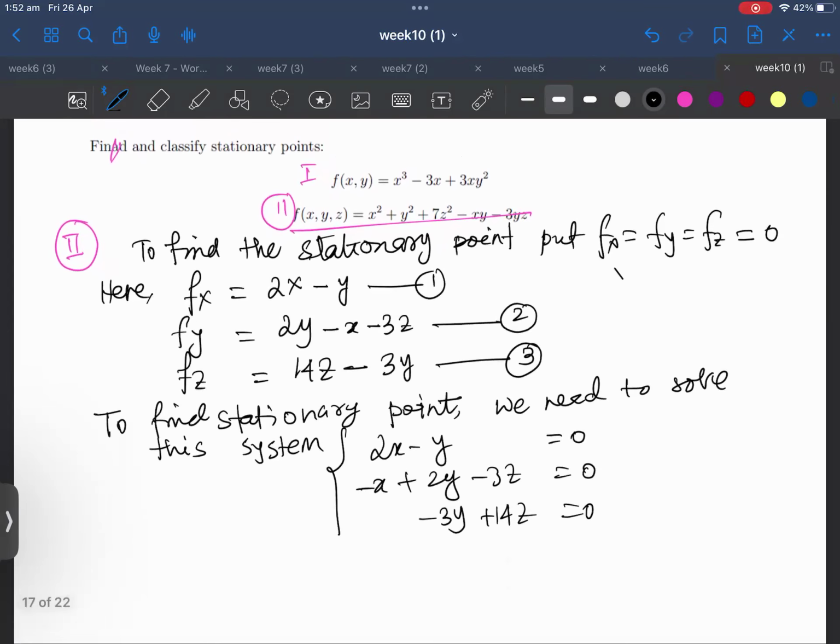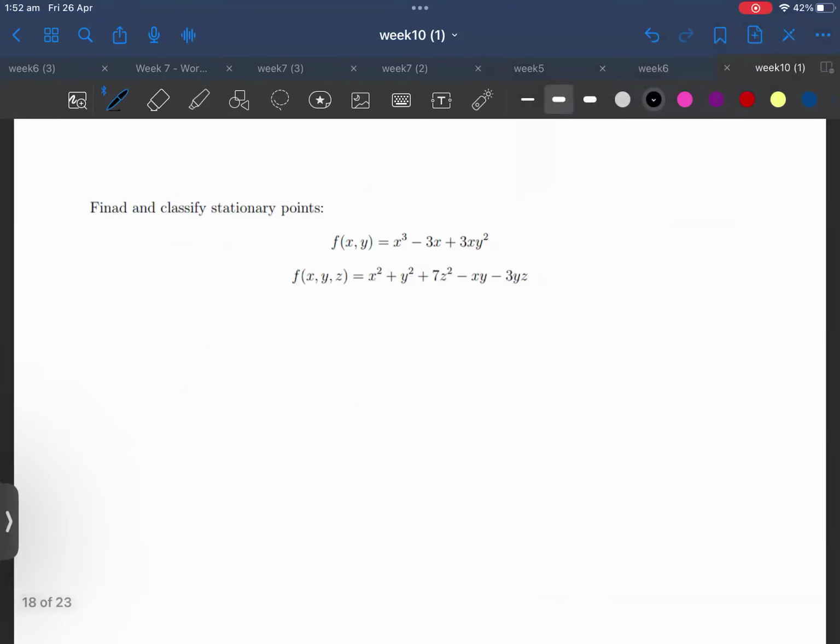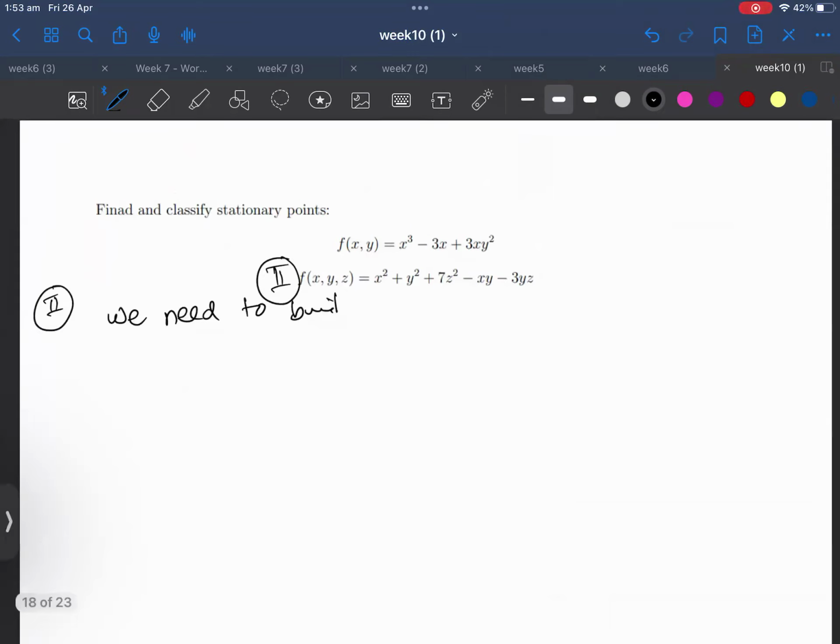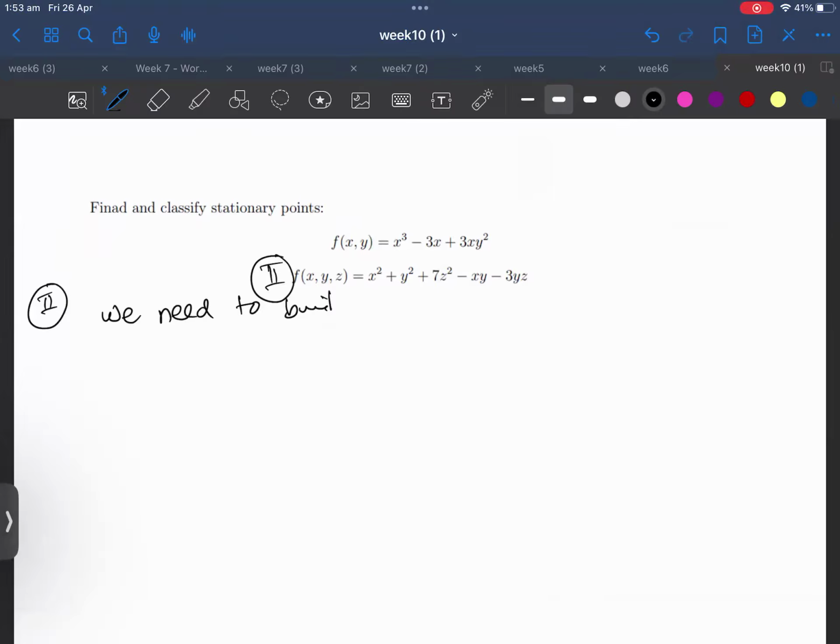If you solve this, then you will get a stationary point. A stationary point (0,0,0). Now we need to classify. For classification, we need to build the Hessian matrix to classify this problem.